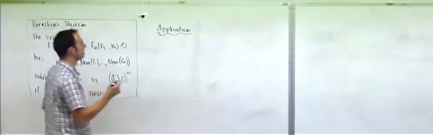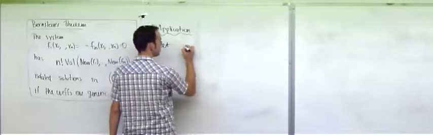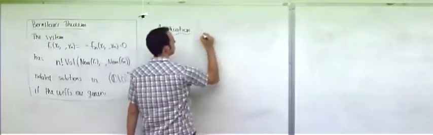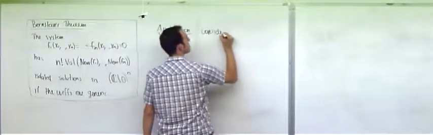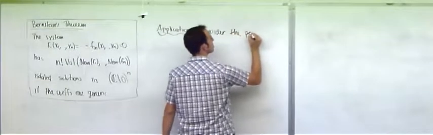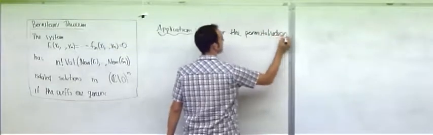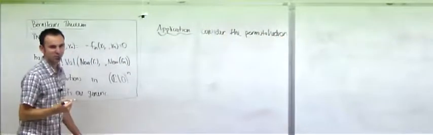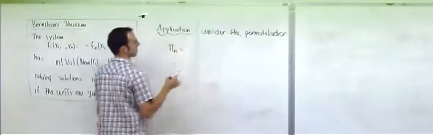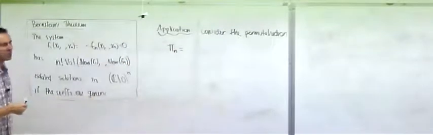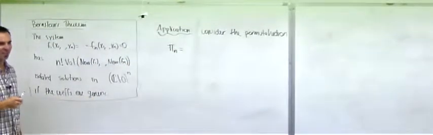So consider the permutahedron. So surely this is your favorite polytope right now. It's so beautiful. At least you have to agree that there's a lot hiding in this polytope.